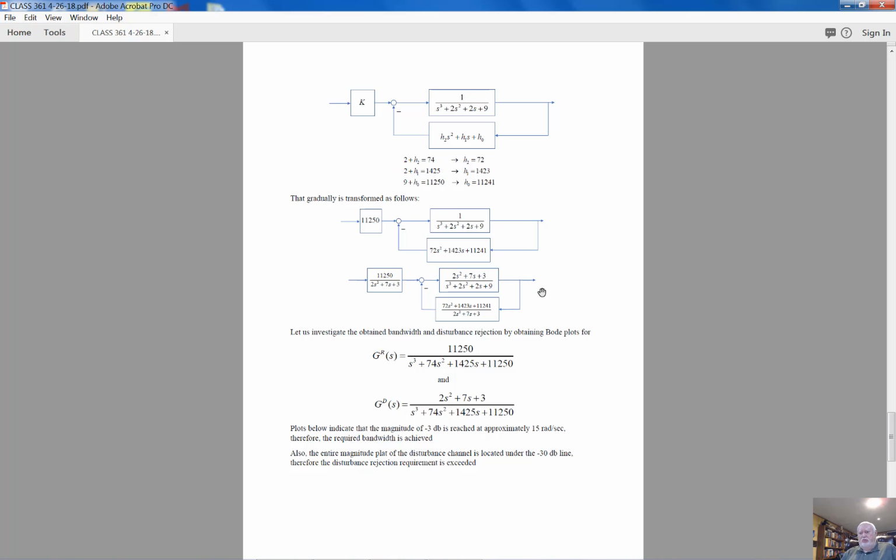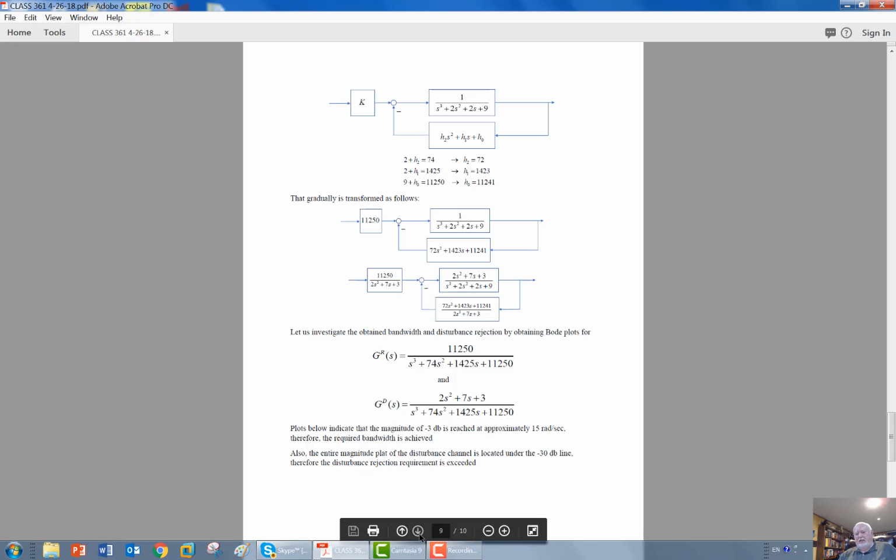I'm done with the design. However, I want to demonstrate for you that the obtained system has exactly the required bandwidth and happens to have acceptable disturbance rejection. How to do it? I have to take this transfer function and convert it into a Bode plot. And then I will take the transfer function for the disturbance and convert it into a Bode plot. And I did both.